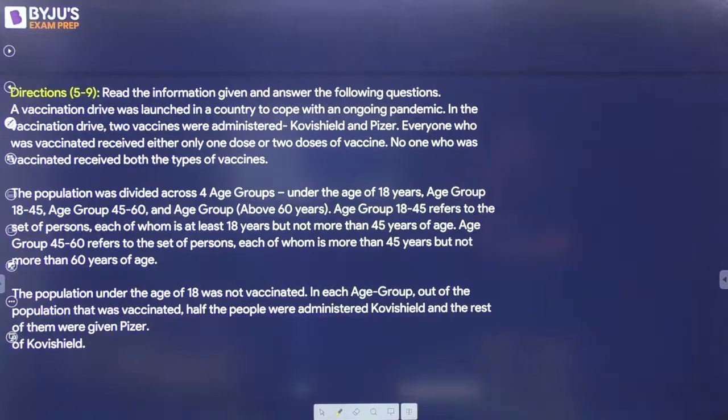Age group 45 to 60 refers to the set of persons, each of whom is more than 45 years but not more than 60 years.